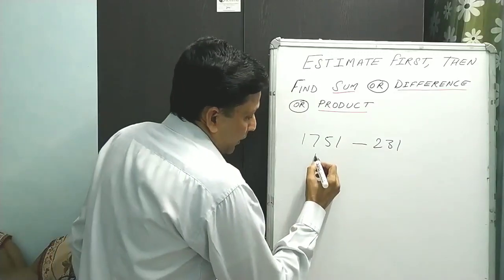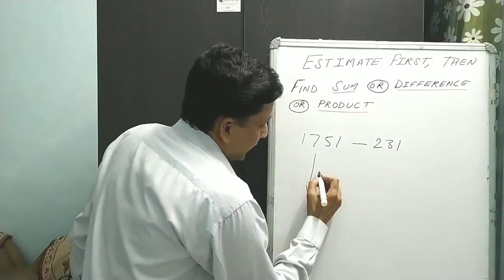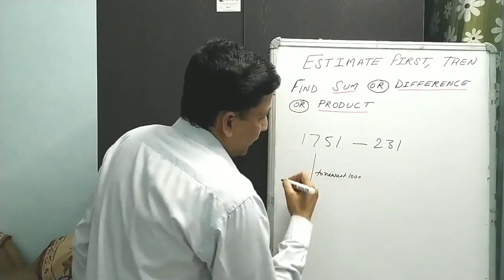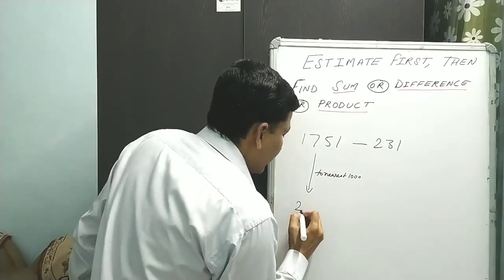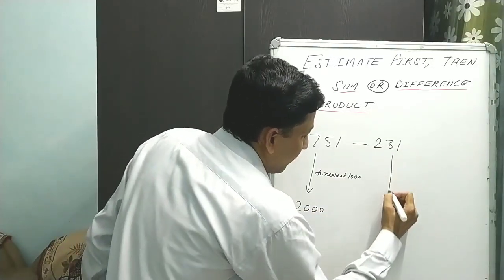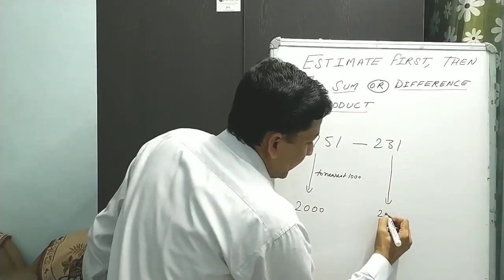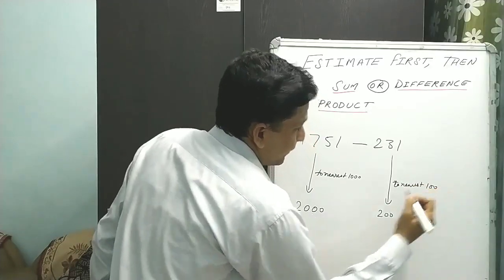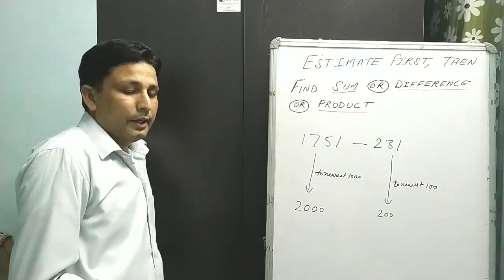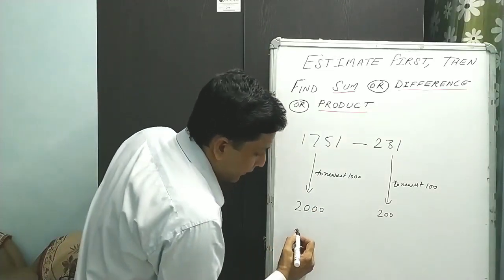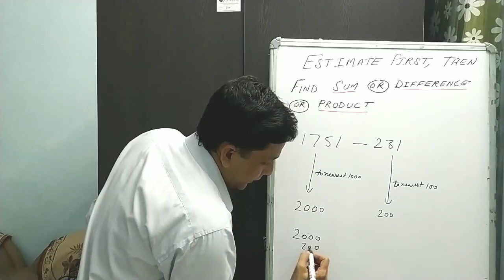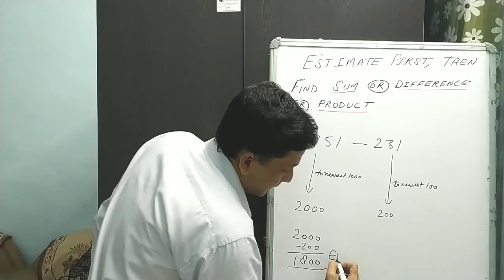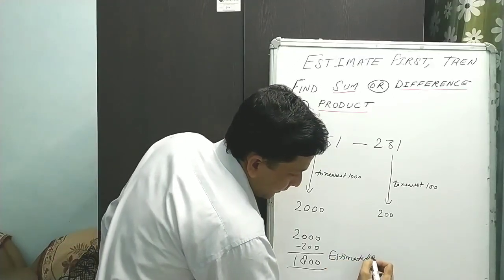So here I will convert to the nearest 1000, and according to the rule, after converting we will get 2000, and here we will get 200 by using nearest 100. Now after converting these integers we will subtract, and after subtracting we will get 1800. That is the estimated difference.